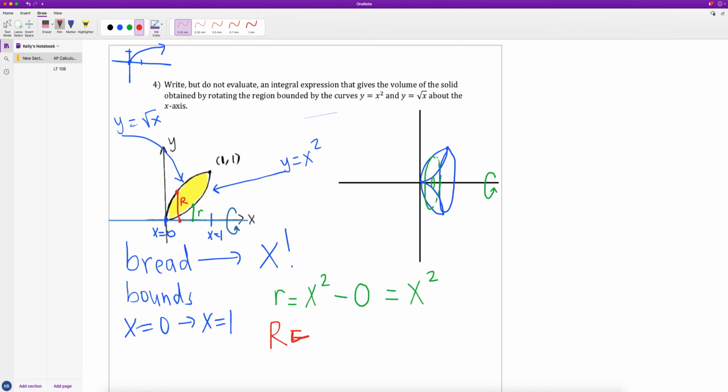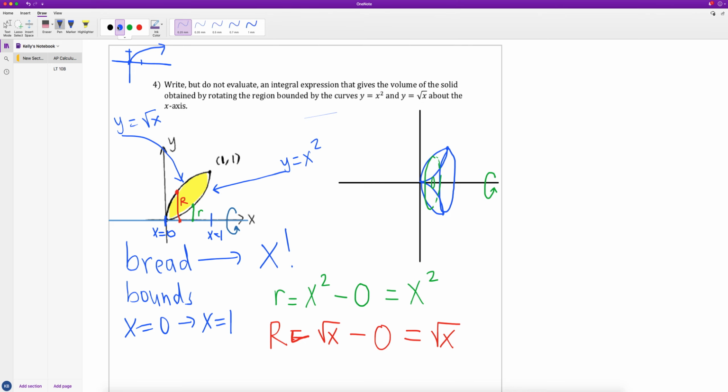Okay, so our top curve here is y equals square root of x. Because I'm in terms of x, I can use that curve exactly. So I get R to equal the square root of x minus the bottom curve down here, which is my axis of revolution again, which was 0. So simplifying it down, my big radius is actually just the square root of x.